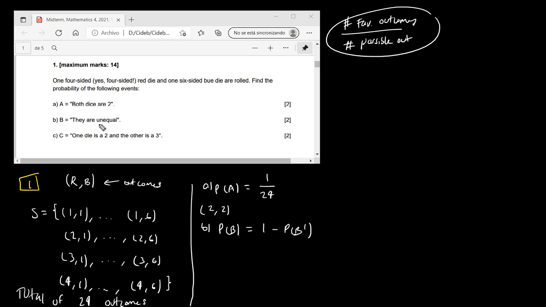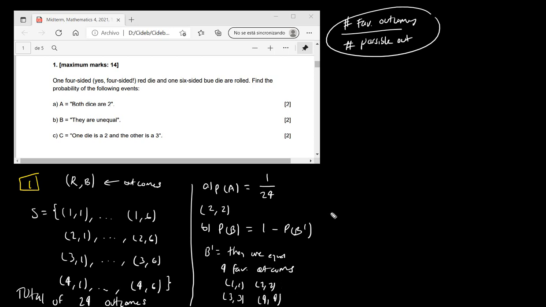It's easier to get the complement of this one, B prime: both dice are equal, which has only 4 favorable outcomes, 1,1, 2,2, 3,3, and 4,4.